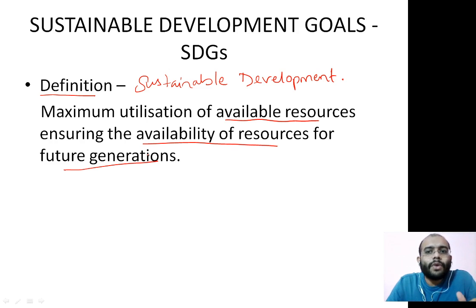So we need to utilize this meager quantity of resources optimally, that is, maximum utilization without wastage. We must aim towards zero wastage to ensure availability of these resources for the upcoming generations.